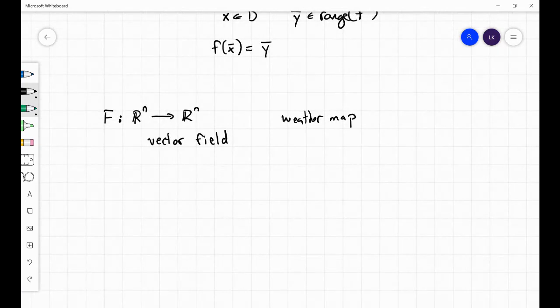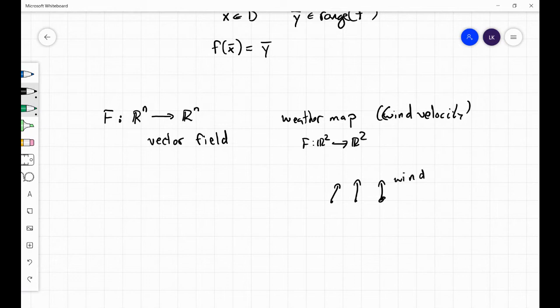Wind velocity, right? On the weather map, you can imagine that for each point you see a little two-dimensional vector which points in the direction that the wind is blowing, and the length of the vector represents the strength of the wind.